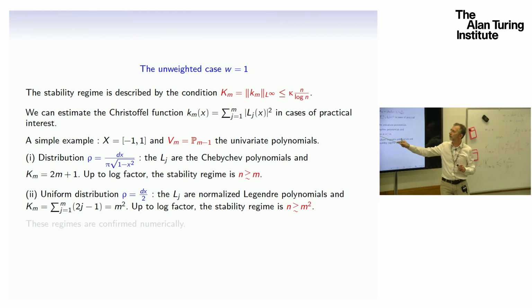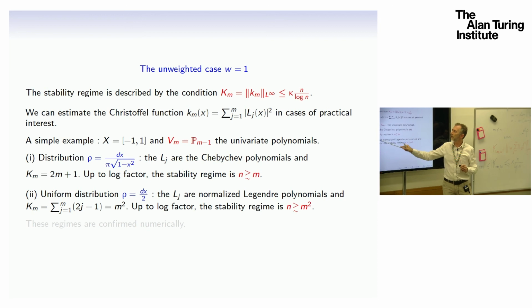But so let's take a look. Take, for example, this very simple example where you work with univariate polynomials on [-1, 1], and take the distribution which is related to the Chebyshev polynomials. If you take for rho this measure, then these polynomials L_j, the orthogonal polynomials, are just the Chebyshev polynomials.